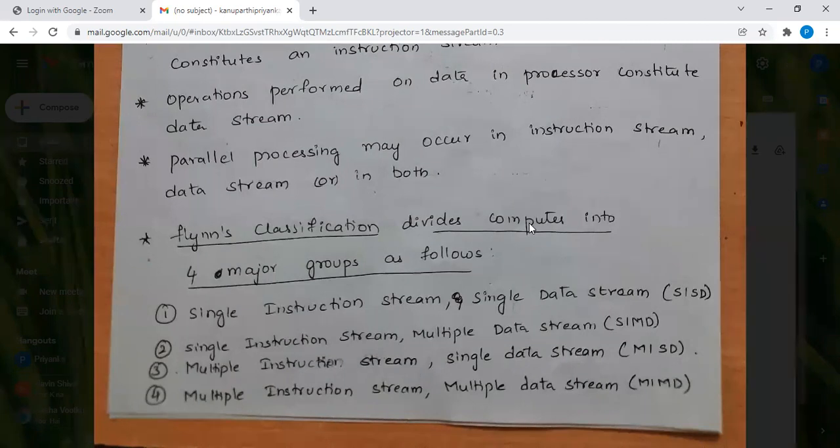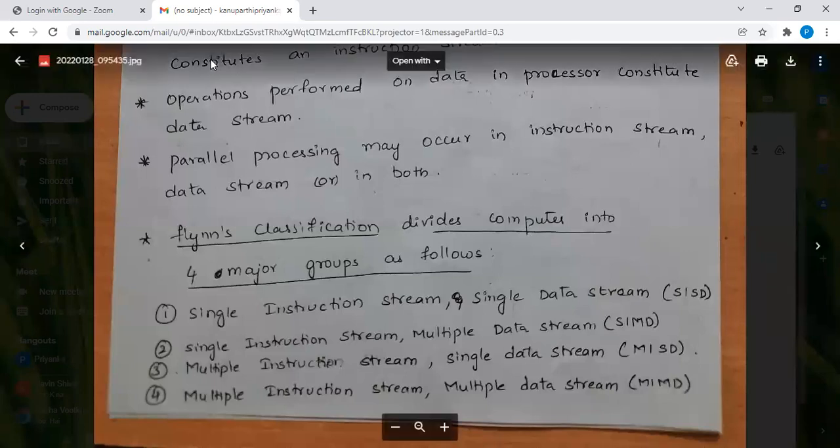Do you all know about the database management system subject? Are you all able to hear me? Am I audible? We don't have a DBMS subject, ma'am.